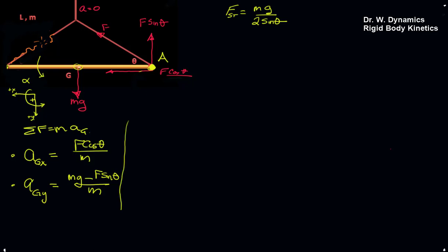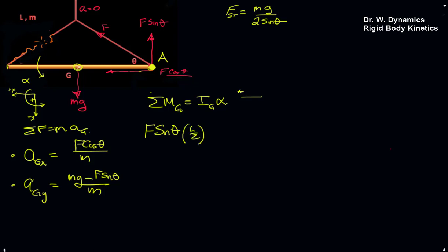And the third one we'll get from sum of the moments about G is equal to I_G alpha. And recall, that's always valid. We don't have to worry about the rest of that. mg doesn't generate any moment, so we have simply F sine of theta, and it's acting a distance L on 2 away, is equal to 1/12 m L squared, the I of a beam through its center, alpha, and one of these L's goes.